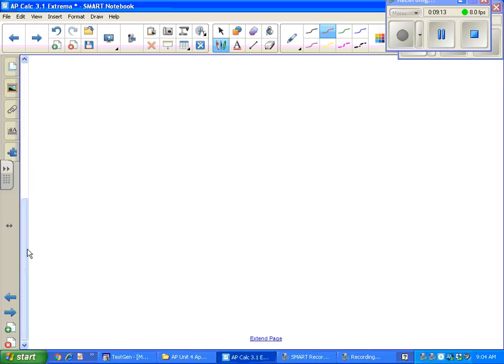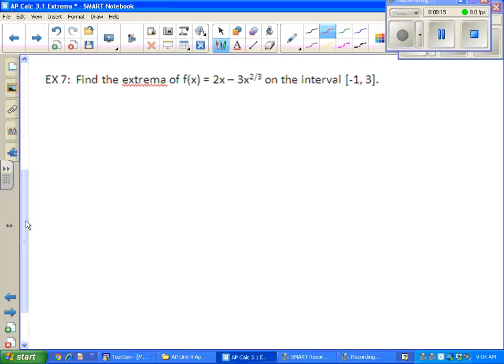All right. Yes, question. No, that one would not have a min or a max. Did everybody hear that? If those were open intervals and it didn't include 0 and it didn't include 4, there would be no absolute max or mins. Well, the endpoints are not included.